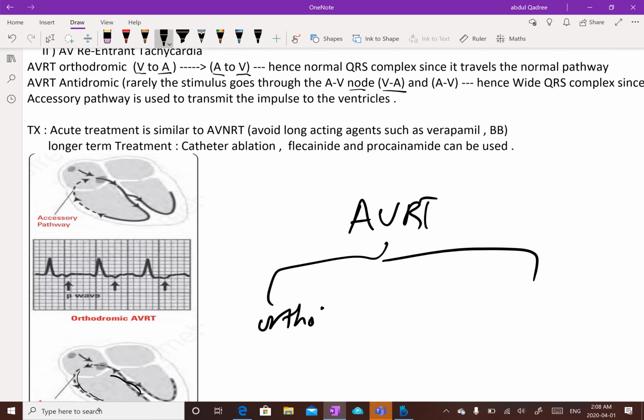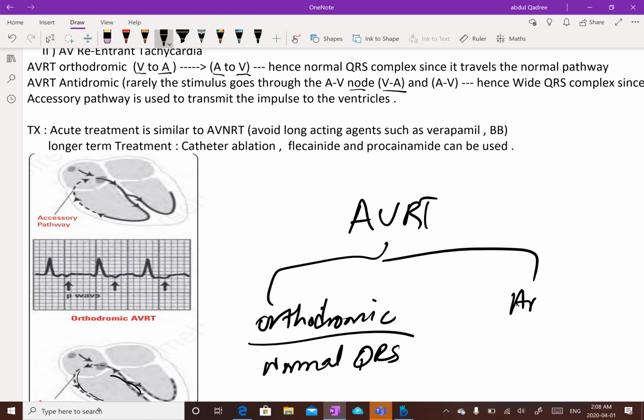So AVRT is divided into orthodromic, which is the normal pathway with a normal QRS complex, because the impulse goes through the normal AV pathway, and then the bundle branches and the Purkinje fibers.